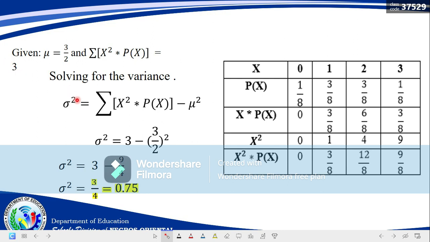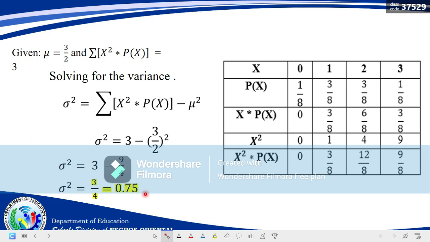And then solving for the variance, we have this formula: variance is equal to the summation of the quantity x squared times p of x, minus the mean squared. You already have the answer, which is 3. You have 3 minus the quantity 3 over 2 squared. That gives us variance is equal to 3 minus 9 over 4, which is 3/4, or 0.75.